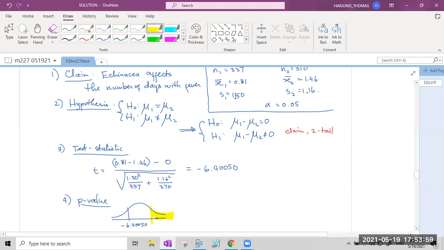So I will need to multiply by 2. So the p-value is 2 times tcdf of negative E99 to negative 6.4005. Degrees of freedom is, use the smaller one, 336.